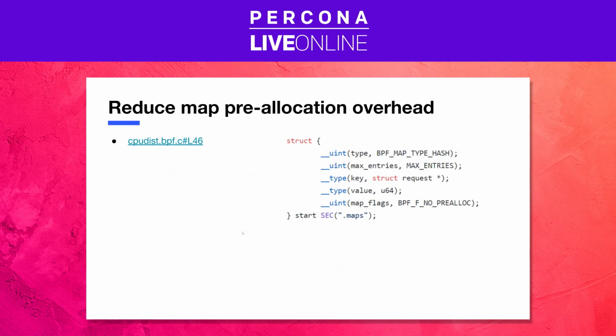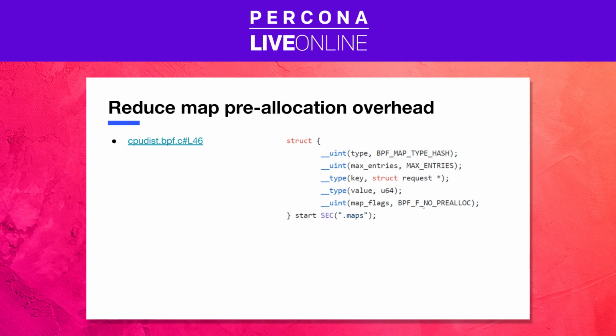Next, let's talk about the storage-related content. Beginning in Linux 4.6, BPF hash maps perform memory pre-allocation by default and introduce the BPF_F_NO_PREALLOC flag. The motivation for doing so is to avoid kprobe and BPF deadlocks.